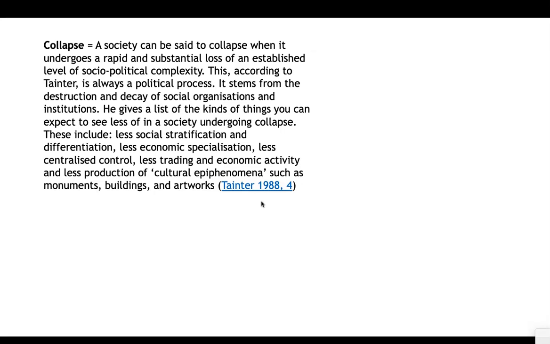So complexity can actually destroy once stable institutions and organizations. And then pretty soon you start to see less specialization, less centralized control, less trading and production, and you start to see more conflict and us versus them groups forming, and so on and so forth.